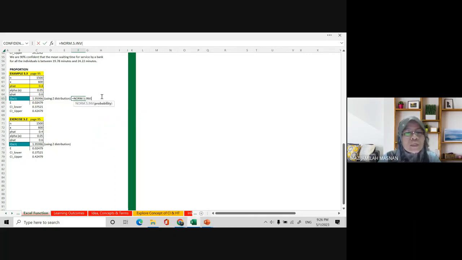It asks for the probability, but since we are using the inverse and we need to find the tail, not the middle value, that's why we use 1 minus 0.05 divided by 2. It becomes 1 minus 0.025. Okay, enter. This is your Z alpha over 2.